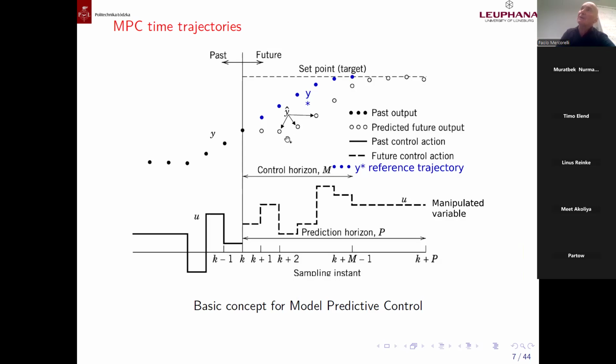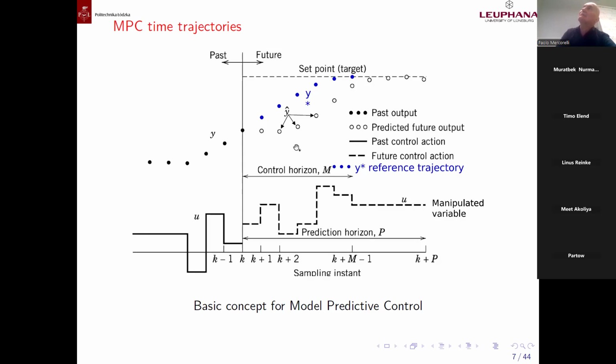Here we can see very well what I intend. Basically, this value here, the y hat, this level here, remains constant until k plus 2, something like that, and k plus 3. And then it will change.